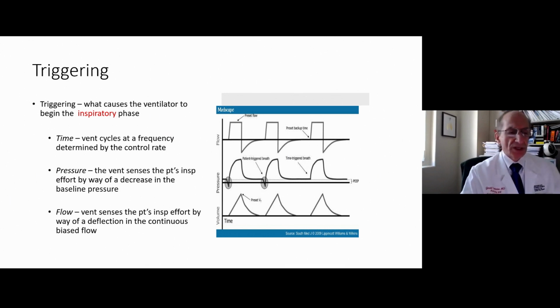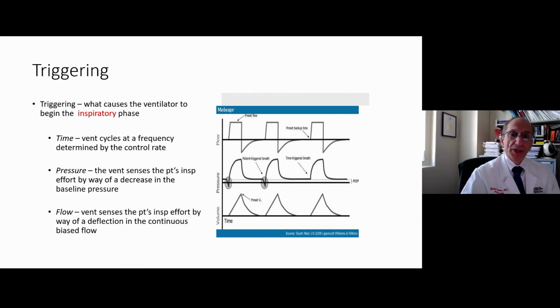So just to start with, again, basics of mechanical ventilation. Triggering is really just a term for when the mechanical ventilator initiates the inspiratory phase of the cycle. And that can be done in several ways. If we're using time, let's say we're giving a patient 10 breaths per minute, then every 6 seconds the ventilator will know to begin auto-triggering the inspiratory cycle.